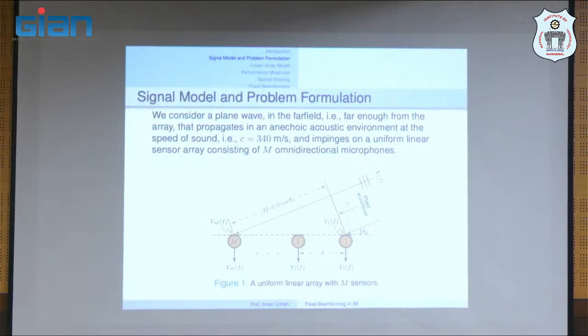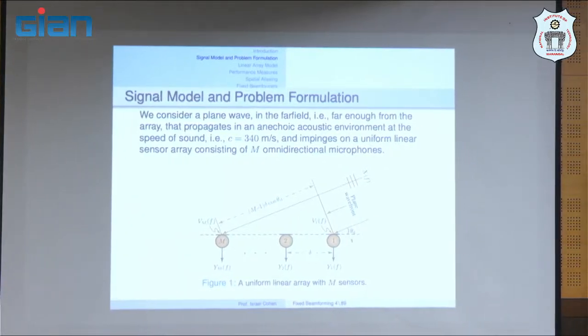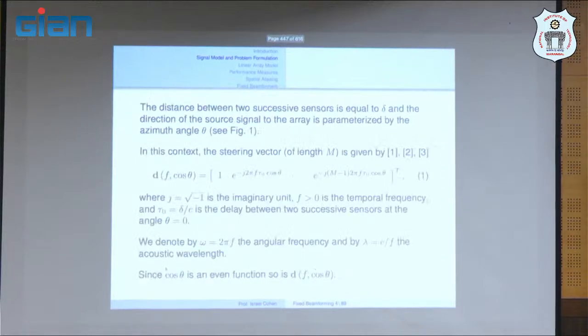And the signal comes from a certain angle, theta. And then, because we don't have any reflections in the environment, this is the steering vector assuming that we have a free field, no reflections, only delays. You see, only delays.